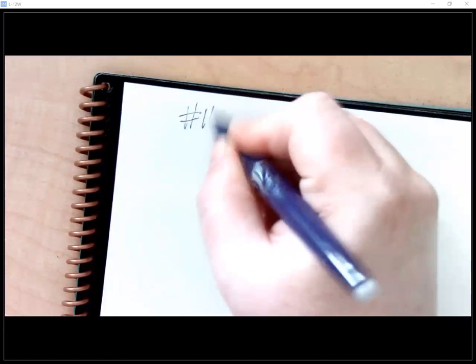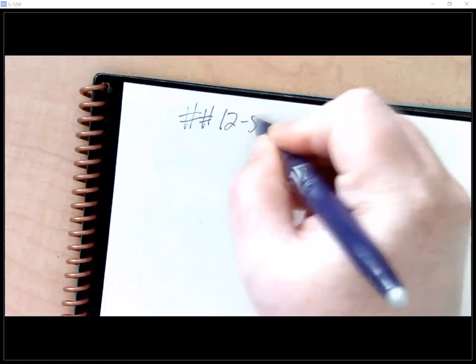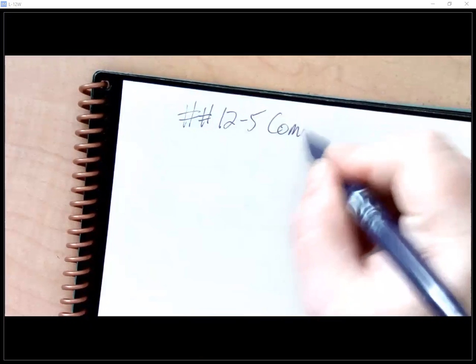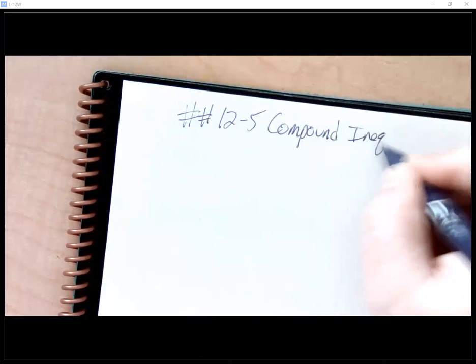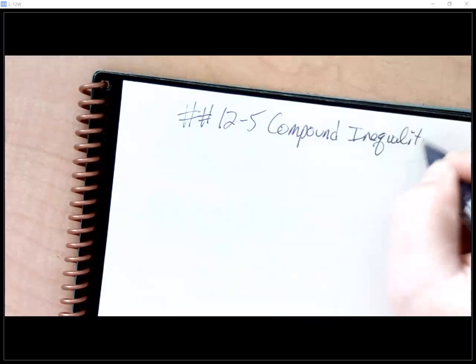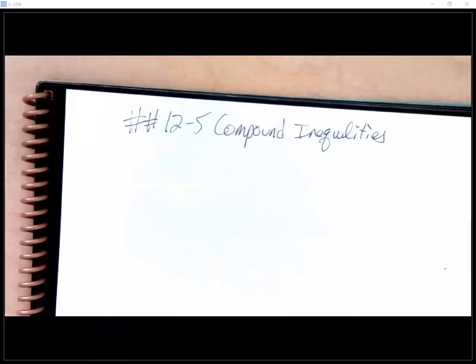So we are going to call this section, which one is it? 12-5. Compound inequalities, and today we're going to focus on the ands.